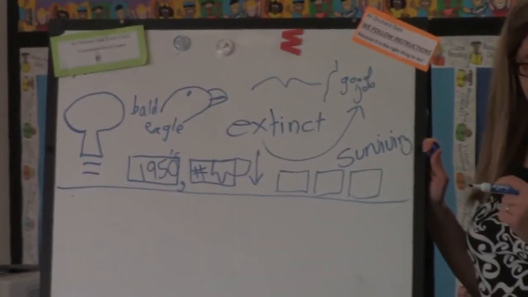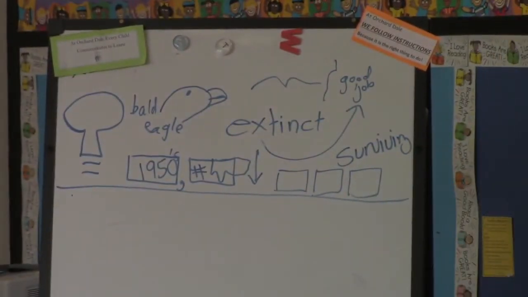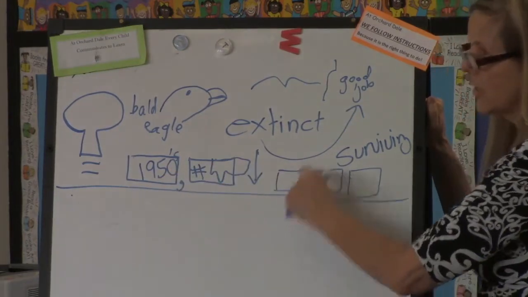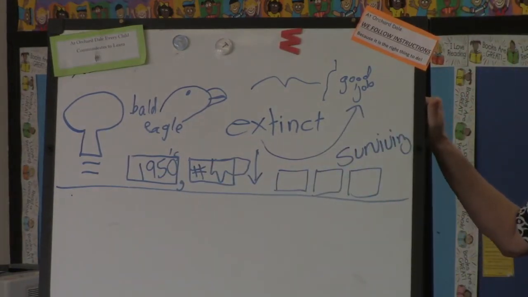By 2008. Now, I want to be a good reader. When was this happening that it was declining? How many years later? 2008. About 30. Wait. That was 8 years. 1950, and now we're at what year? 2000. So how many years is that? Like 50. Like 58 years, I think.